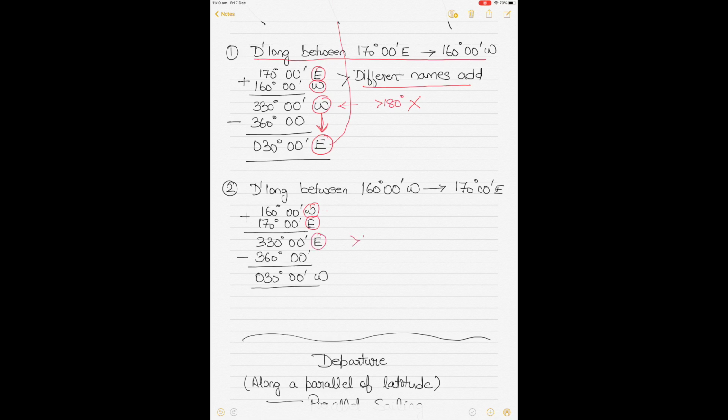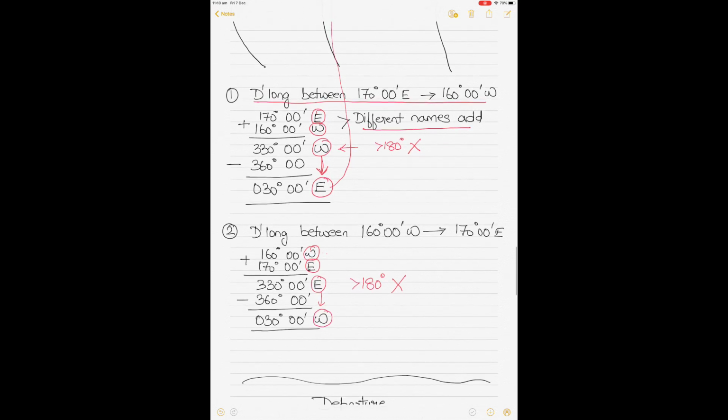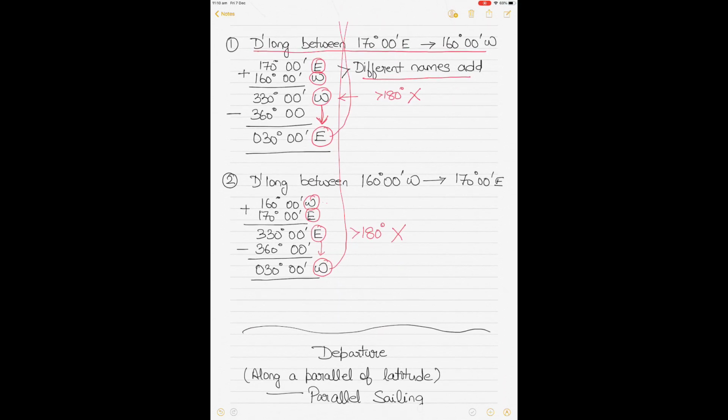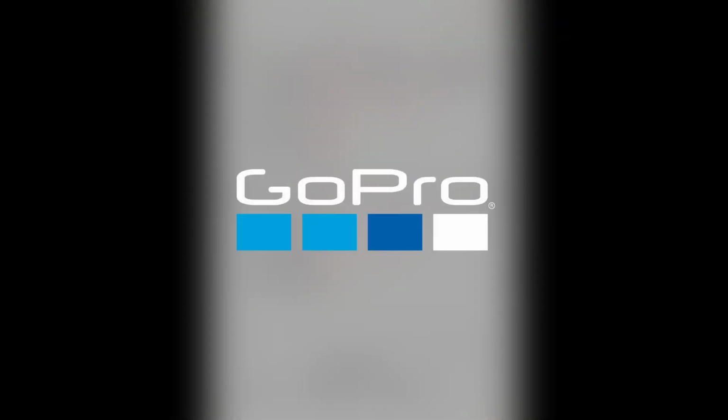But because longitudes cannot be greater than 180 degrees, you subtract it from 360 and reverse the direction, because conceptually speaking, that's what the vessel would be doing. So your answer of Dlong between 160 degrees west and 170 degrees east would be 030 degrees 00 minutes west. Go through the different examples again to get an understanding of how to calculate the Dlong between different longitudes.